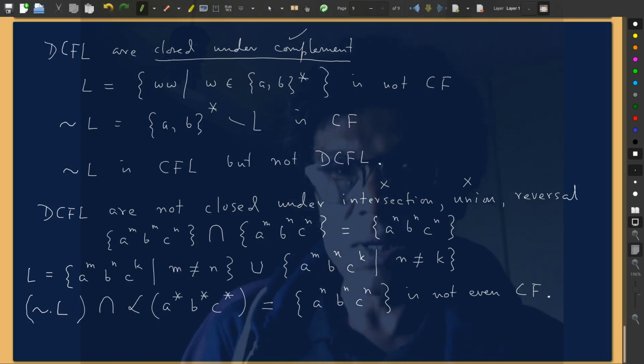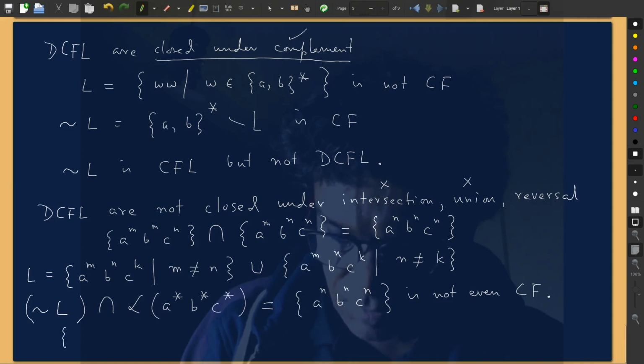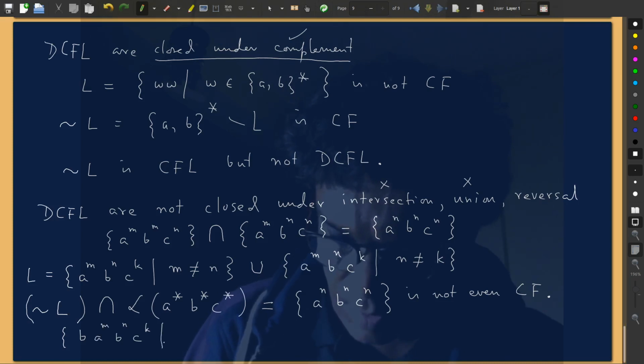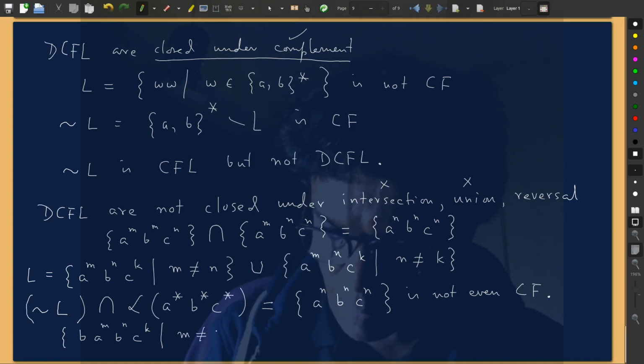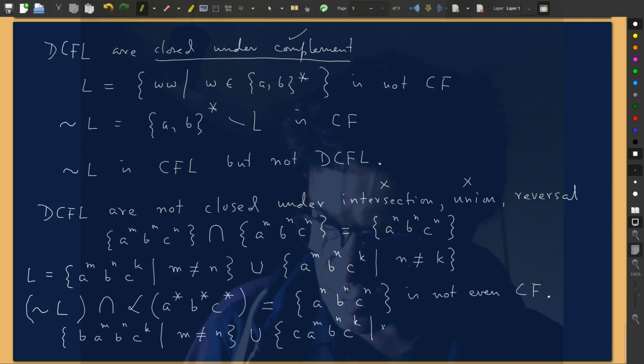Reversal, actually, is a little bit complicated, but again I can give you an example. Consider this: b a power m, b power n, c power k, let's say m not equal to n, union c a power m, b power n, c power k, such that n is not equal to k.